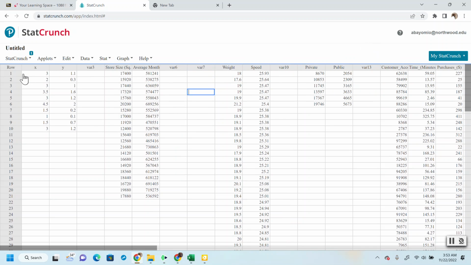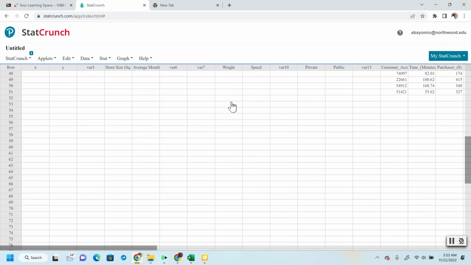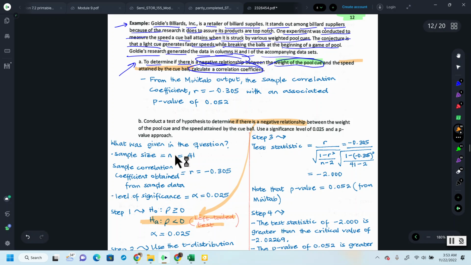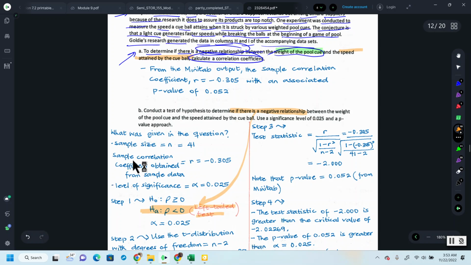You see that this starts from row 1 as far as row, what row is this? This is row 41. So my sample size n is equal to 41. Then I need my sample correlation coefficient, which is R, that I got to be negative 0.305. Then the level of significance, which is alpha, is equal to 0.025.